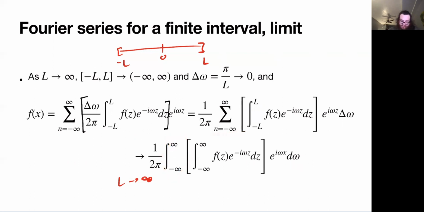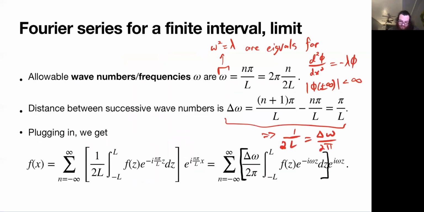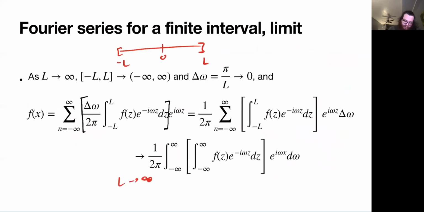Okay, and so a slight correction here. If we go back to this last slide, here we have this e to the I n pi over L x, plug in omega for n pi over L. What we should end up with over here is e to the I omega x. And that typo is carried over here.